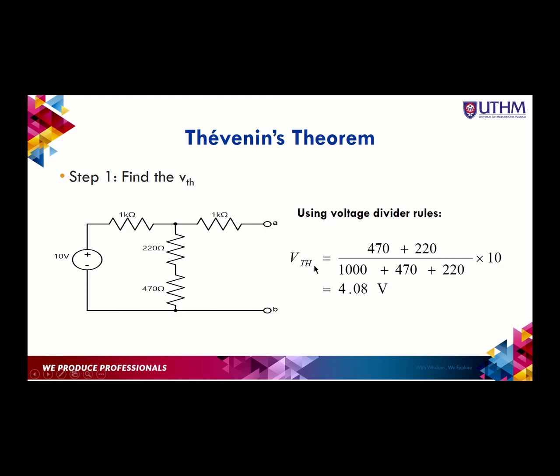So V Thevenin is equal to (470 plus 220) divided by (1 kilo ohm plus 470 plus 220 ohms), times 10 volts. This gives us the value of 4.08 volts.